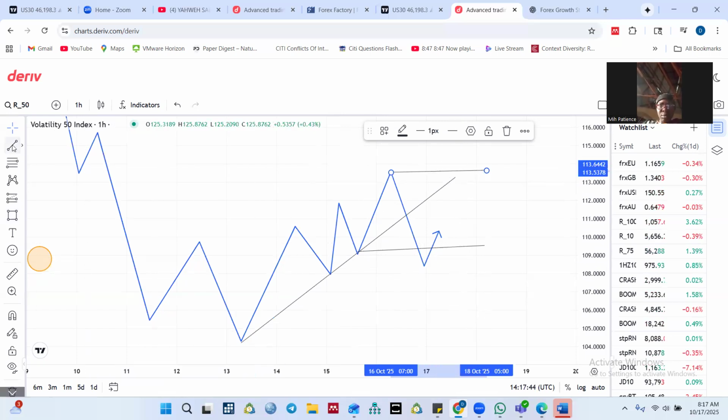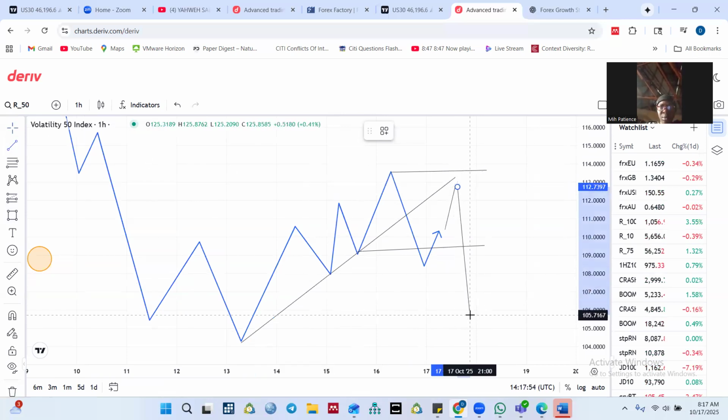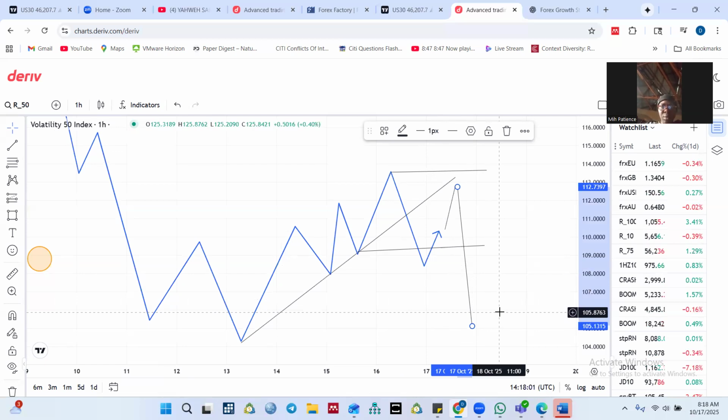If price goes up and doesn't take this out, and then still comes down and gives us another break of the low that it gave us, then we are totally going to say that there is a change from that uptrend to the downtrend.